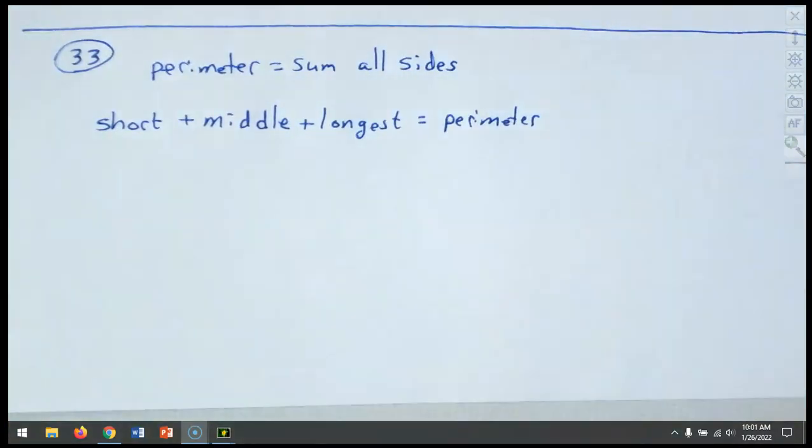Now when I work out these type of questions, before I start plugging in variables, I like to use words, because that helps us understand what we're really looking at. So we know perimeter is the sum of all the sides, and we know this triangle has three sides: a short side, a middle side, and the longest side. And we know that perimeter is 3075. So we'll go ahead and fill that in.